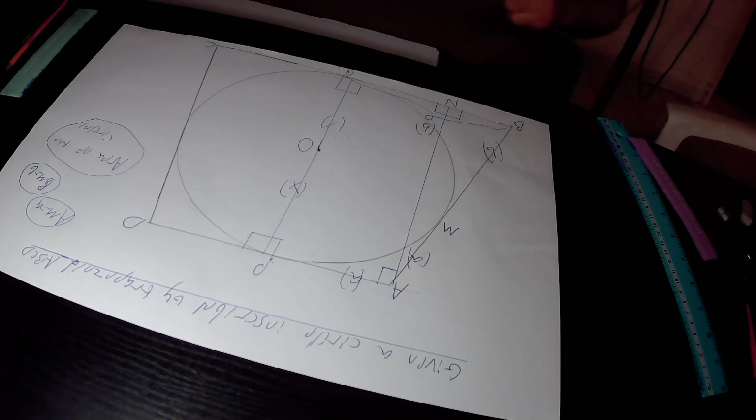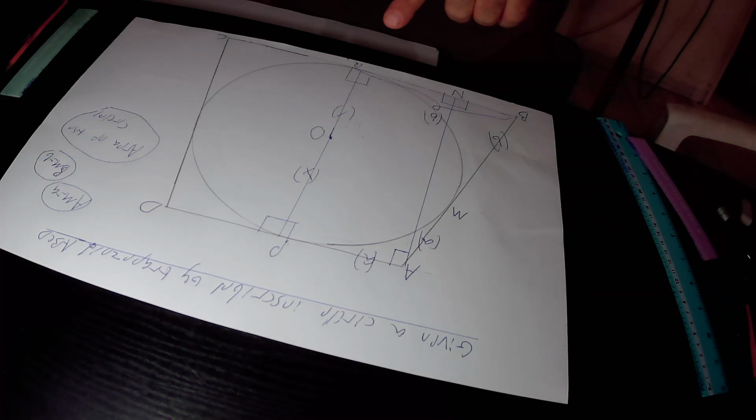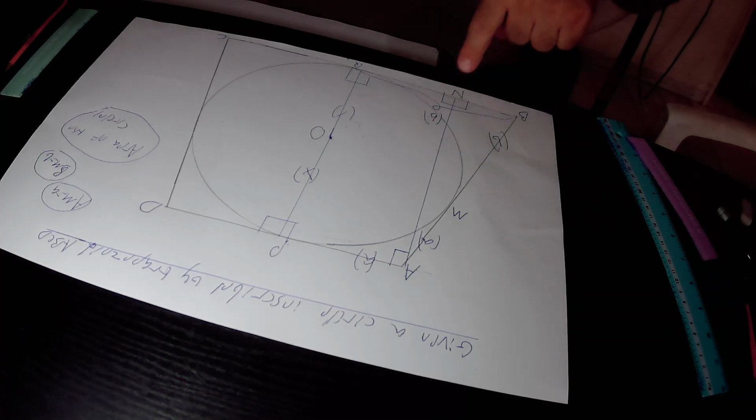In the next step, we will do another construction. That is to say, from this point O, that is the center of this circle, we will draw a perpendicular on AD. From point O, we will draw a perpendicular on AD.